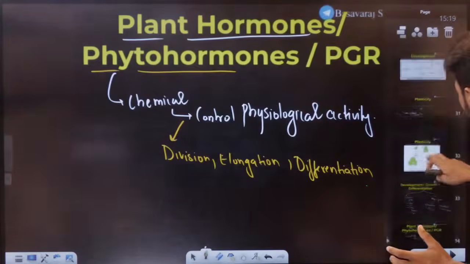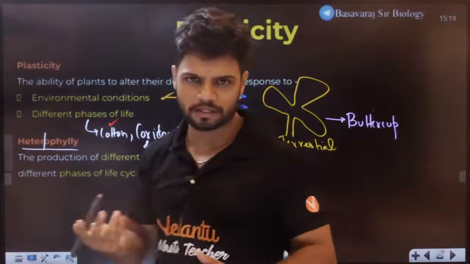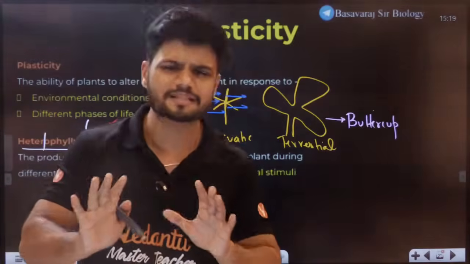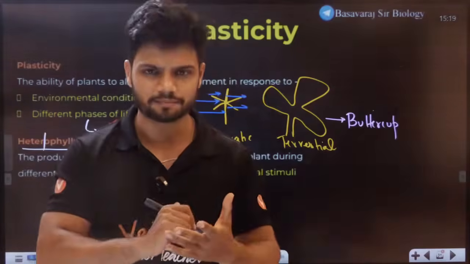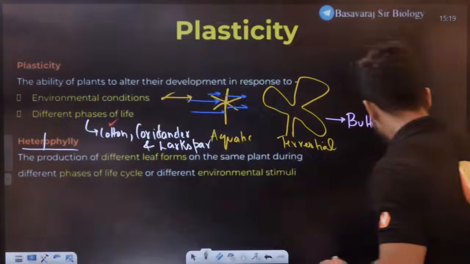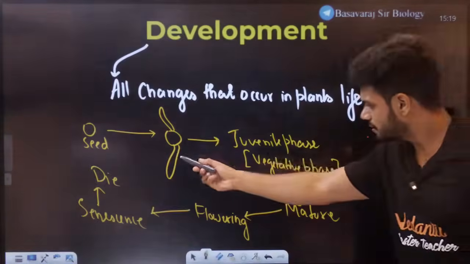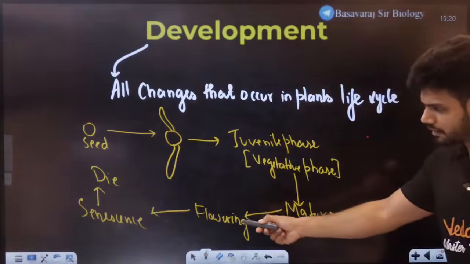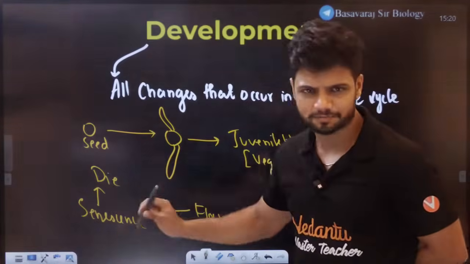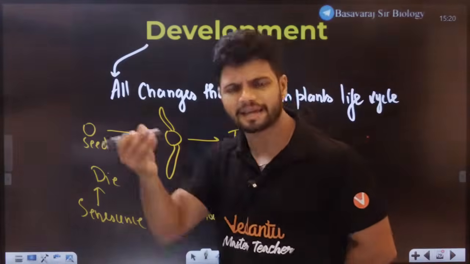there is one more small concept called plasticity. Now, what is plasticity, students? Plasticity concept is very simple. Let's say in our life we have a path to take, right? For example, seed germinates, juvenile phase, उसके बाद mature बन जाएगा, फिर flowering करेगा, फिर senescence and death. This is a normal pathway a plant can take.